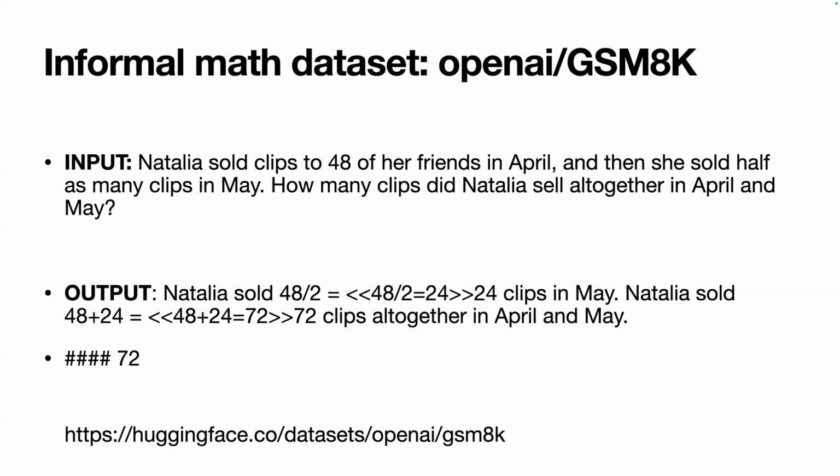The mathematical question is, how many clips did Natalia sell altogether in April and May? As a college level student, I think you can easily solve it. You take 48 and then half of it, which is 24. If you sum it up, it will be 72.